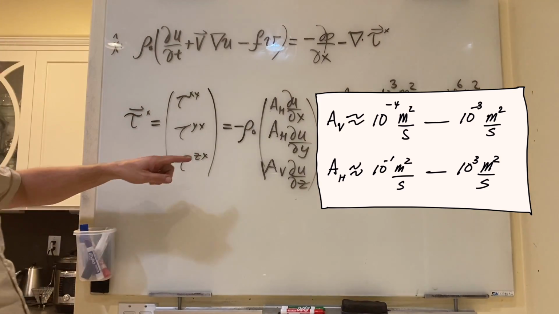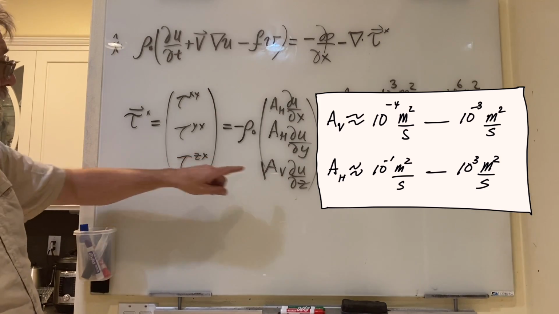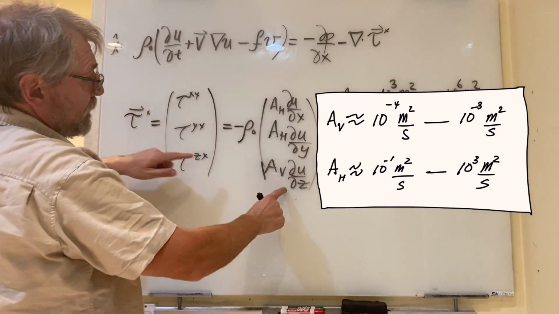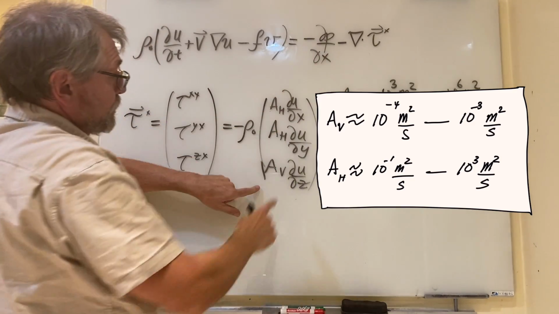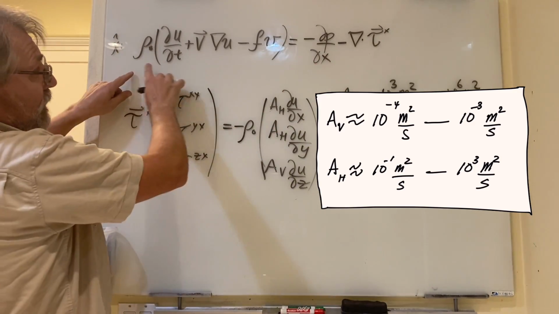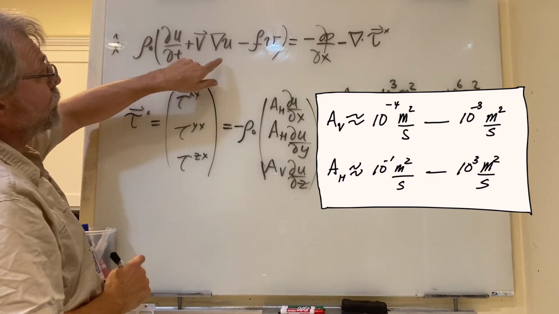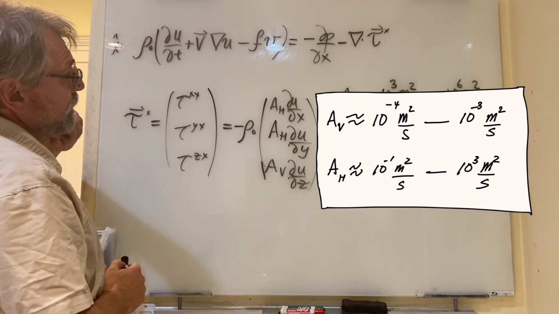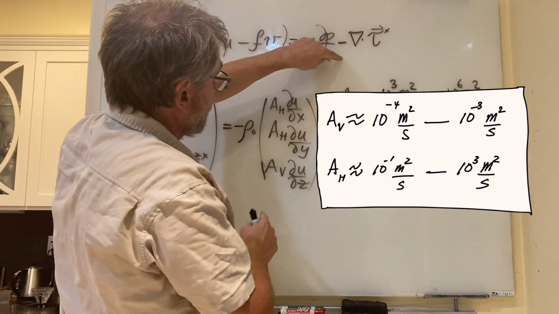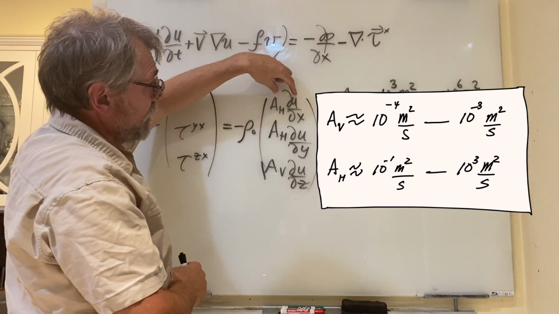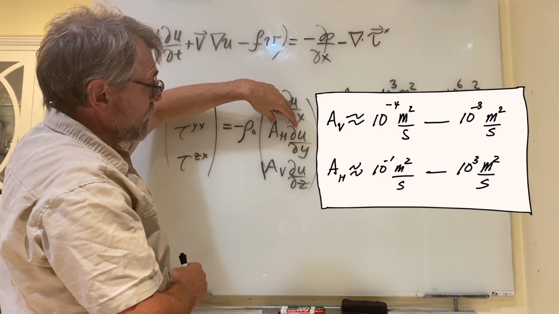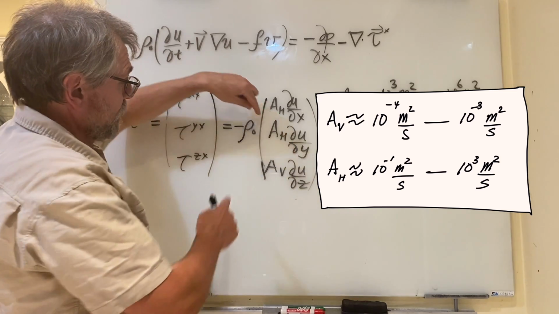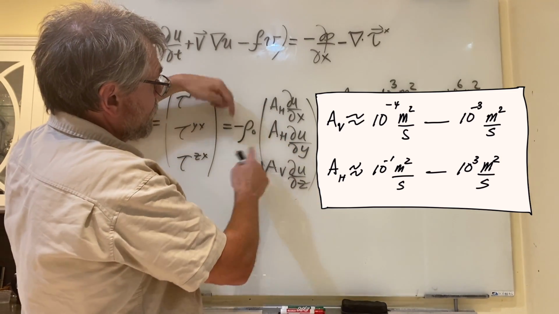All right, so what we can do is substitute this expression for the stress over here into the divergence term and get an expression in the x momentum that involves only the u and the v velocity components. So the divergence is d by dx of the first component plus d by dy of the second component plus d by dz of the third component. So rho naught and h are constants, you can pull them out.